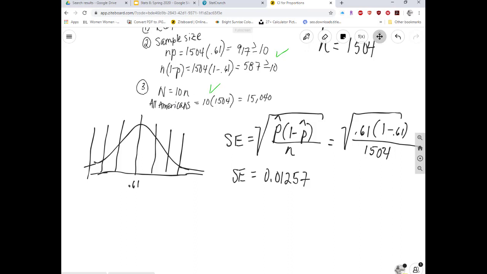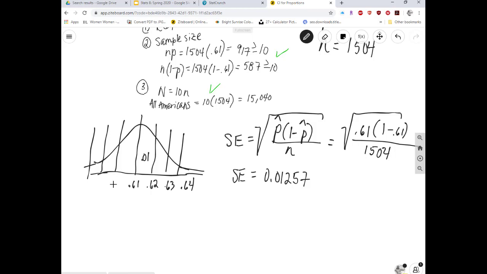Okay, so here is 0.01. That's this distance right here. So 0.61 plus 0.01 is 0.62. And then another 0.01 is 0.63. And then another 0.01 is 0.64.